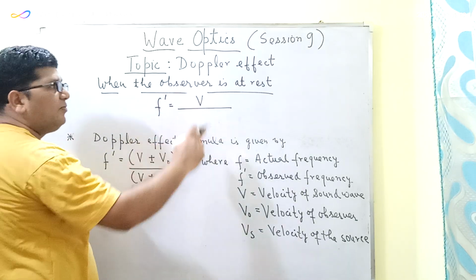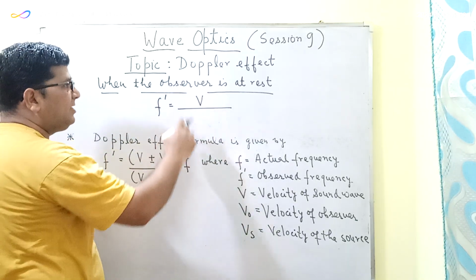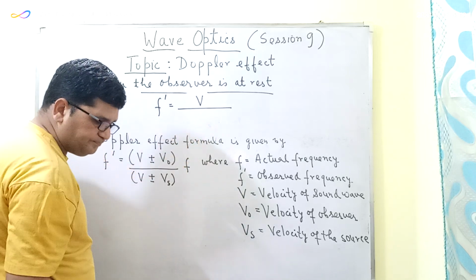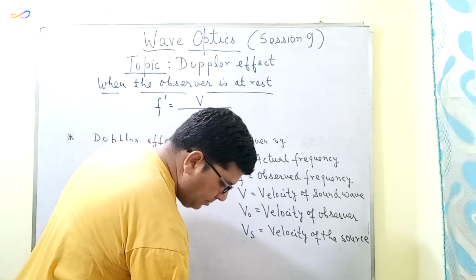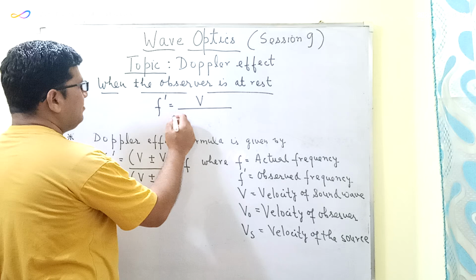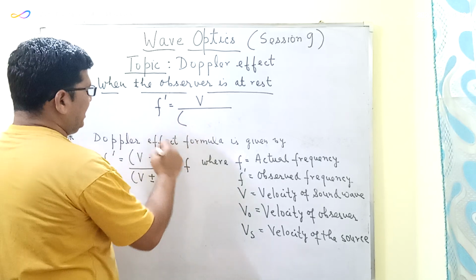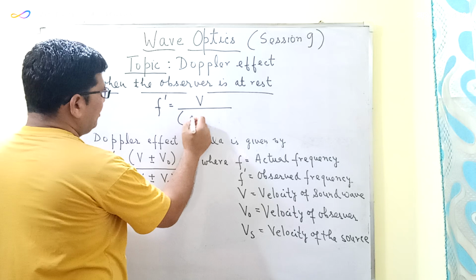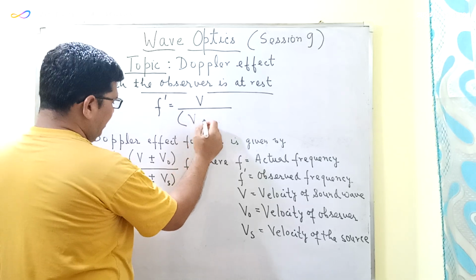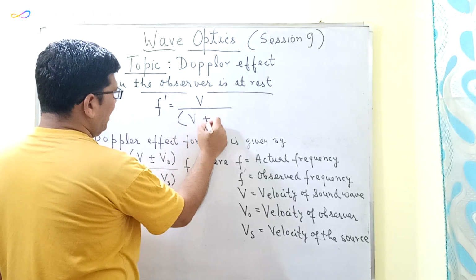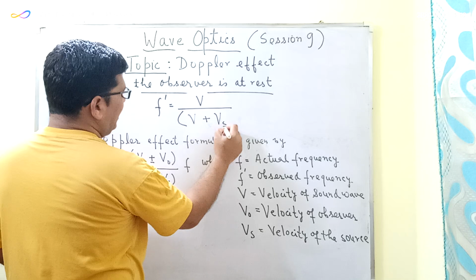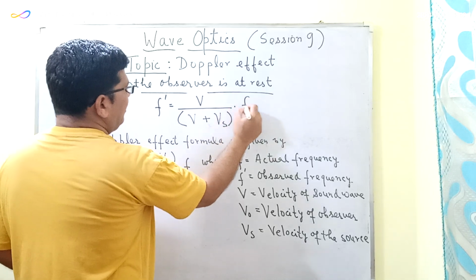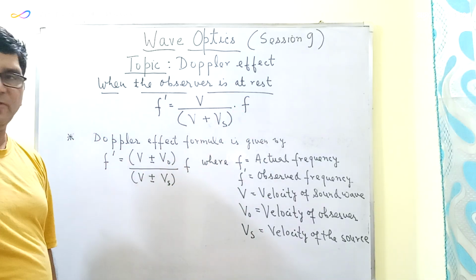So when the source is moving towards the observer and the observer is at rest, the observed frequency will be given as v divided by (v plus vs) multiplied by the actual frequency.